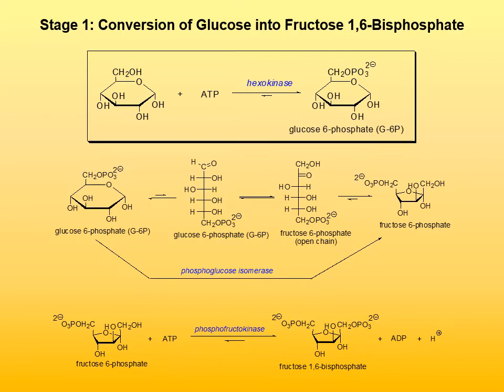Glucose 6-phosphate isomerizes into fructose 6-phosphate. Isomerization occurs through the open chain form. And then fructose 6-phosphate is phosphorylated by the enzyme phosphofructokinase, or PFK, into fructose 1,6-bisphosphate. So this step, catalyzed by phosphofructokinase, is the committed step of glycolysis.